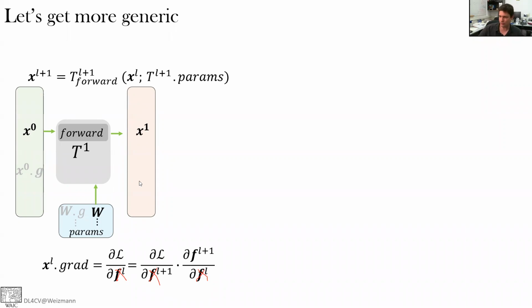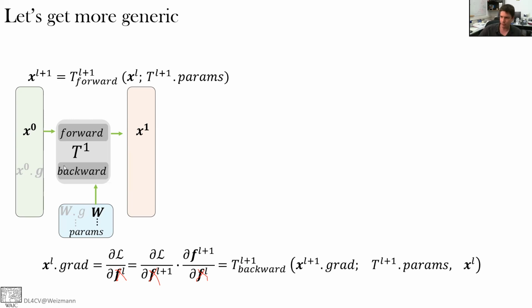But to generalize it further, we're going to say that when we did the transition from X0 to X1, we didn't just use the T1 transformation, we split the transformation into two methods. So we're going to have a forward method, and we indicate here that this process is the forward method, but we're also going to have a backward method, okay?